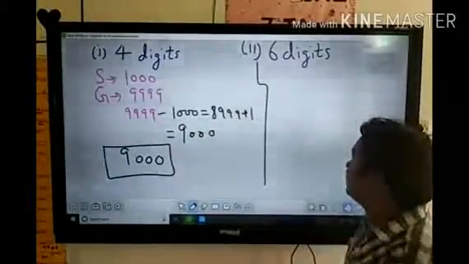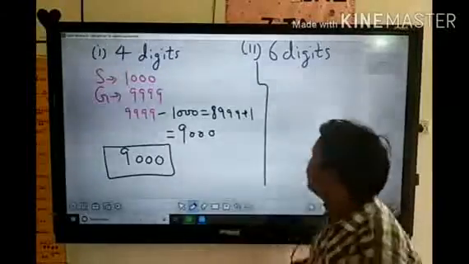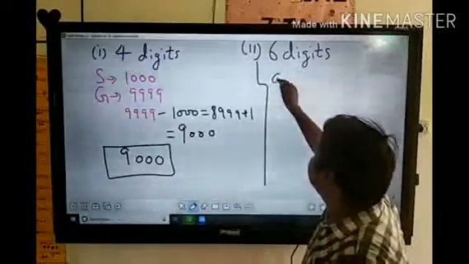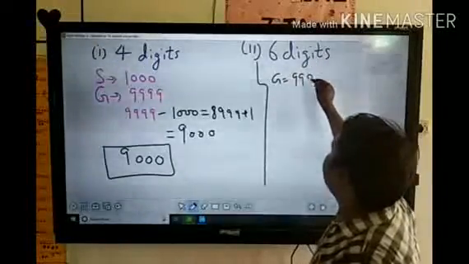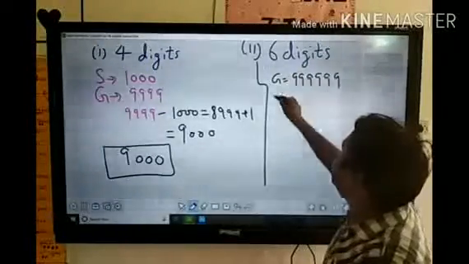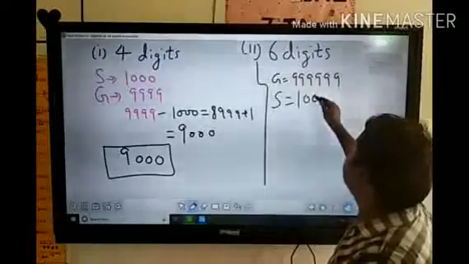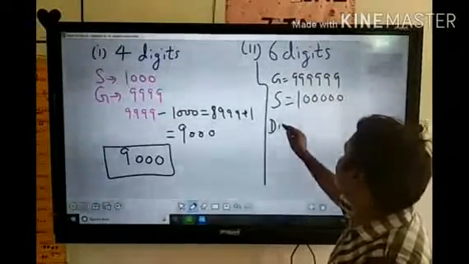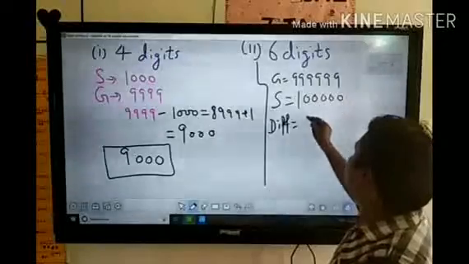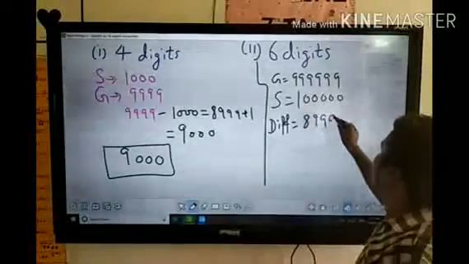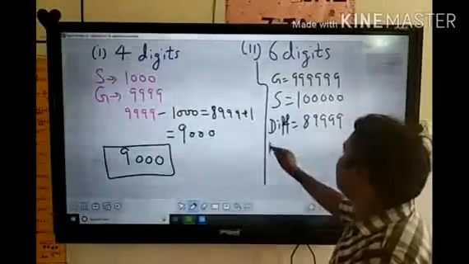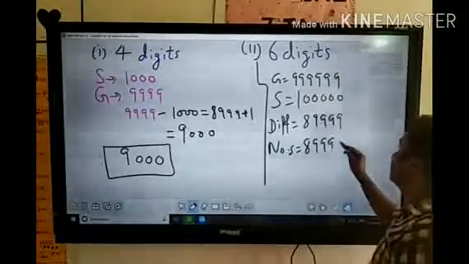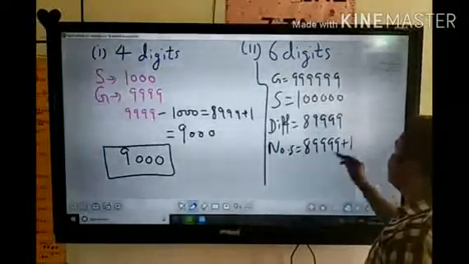Now, 6-digit numbers. How many 6-digit numbers are there in total? So, the largest 6-digit number is 999999, and the smallest 6-digit number is 100000. Their difference is 899999, and the total numbers are 899999 plus 1.